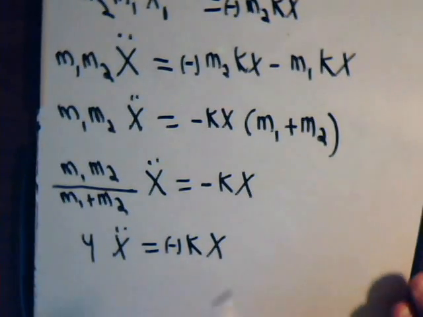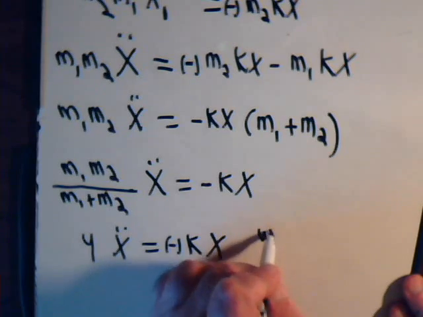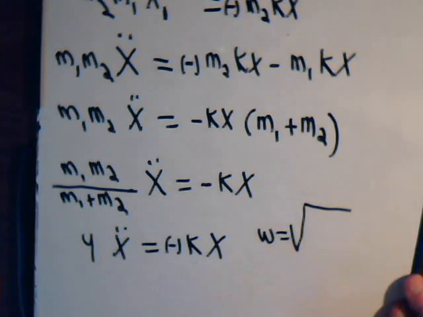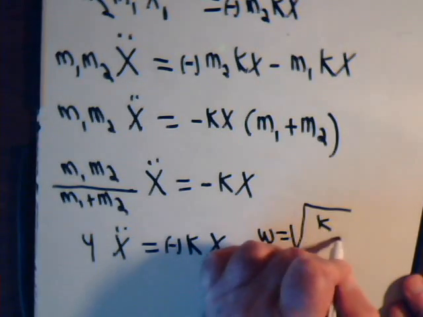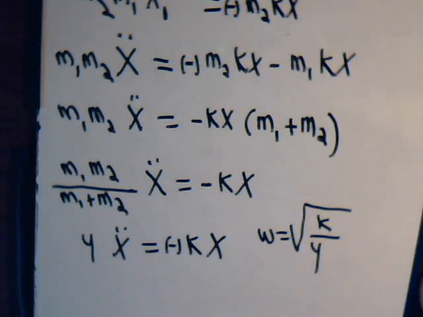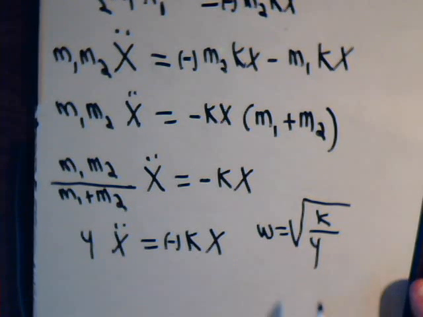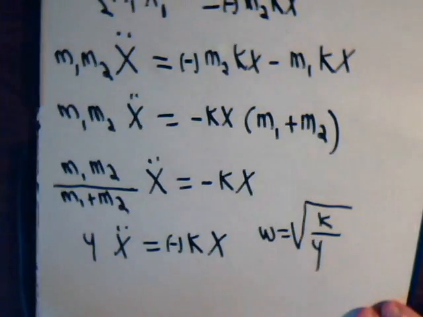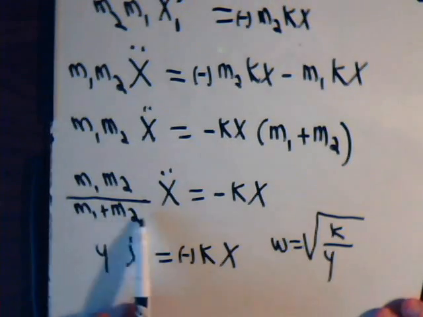We will have omega equals the square root of k divided by mu. And when we say omega, the natural frequency of oscillation, we're referring to both of the blocks, m1 and m2, because mu incorporates both m1 and m2.